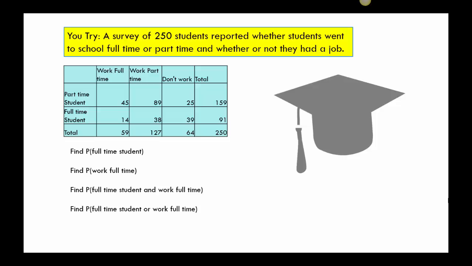I start with just tell me probability that they're a full-time student. Tell me also probability that they work full-time. Then I said find the probability that they're a full-time student and they work full-time. And then lastly, find the probability they're a full-time student or they work full-time. So pause the video, give yourself some time to answer these 4 questions, and then return to the video so we can just check your answers together.